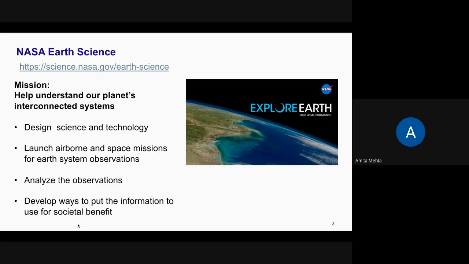So these are the major goals of NASA Earth Science. And for that, everything that is developed goes from technology to research to application.